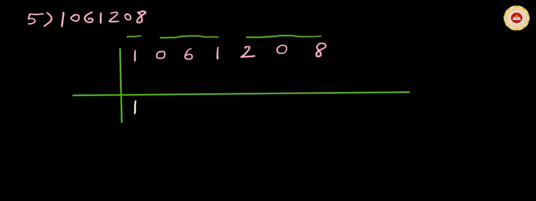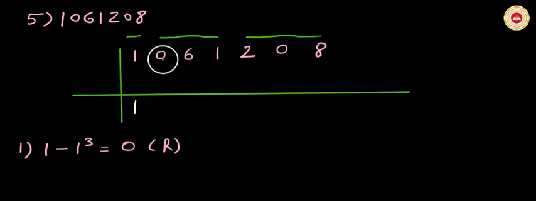The first step is the left group 1 minus the cube of the first digit of the cube root, that is the cube of this 1. 1 minus 1 cubed is 0, and this 0 is the remainder. Let us write this remainder 0 as a prefix to the next digit of the given number. Now read this as 0.